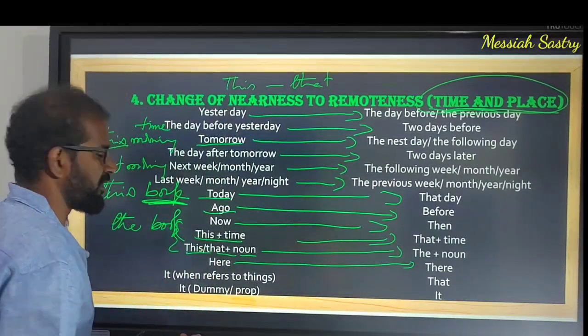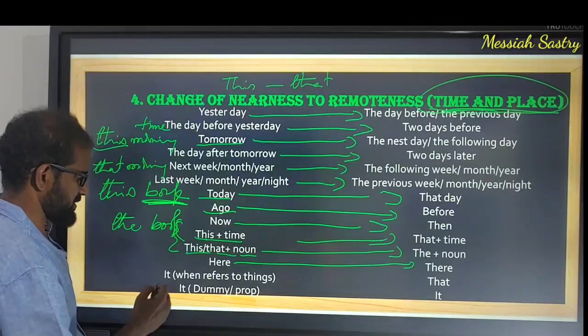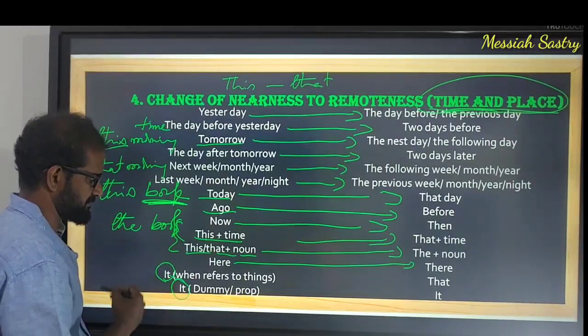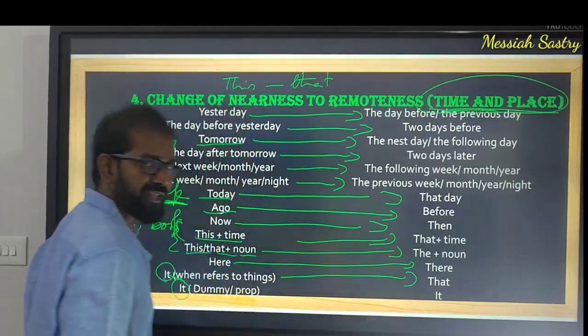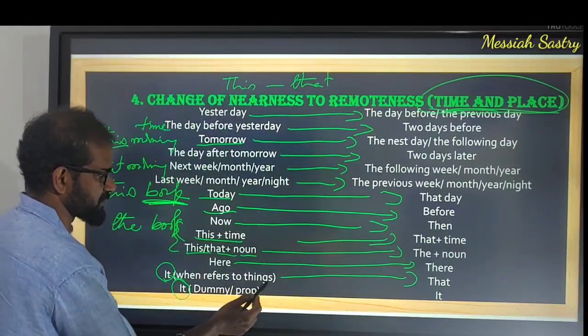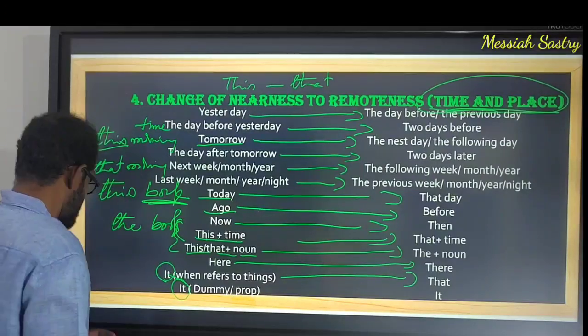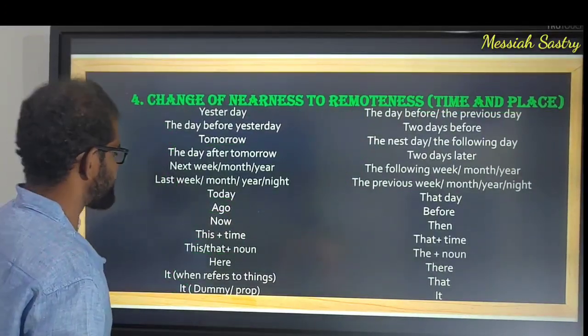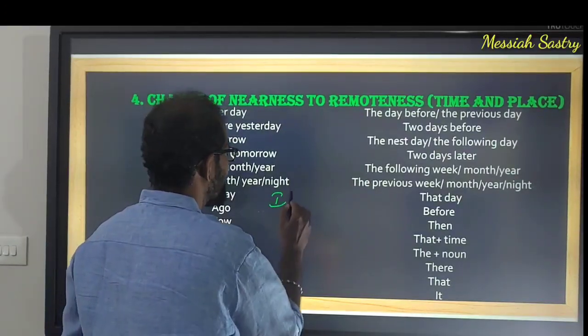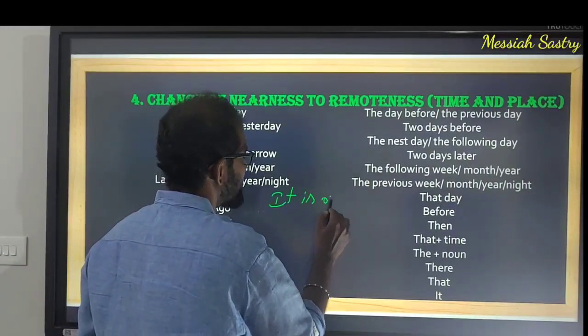Another very important thing we need to be very careful about is regarding it. It changes to that when it refers to things. Let me tell you with an example. It is my book.